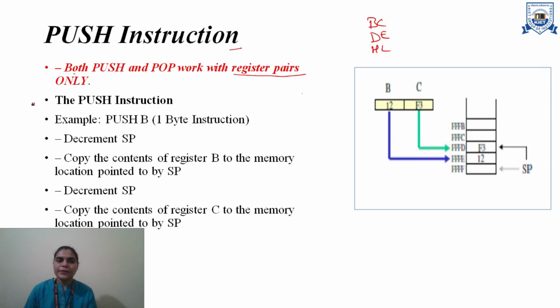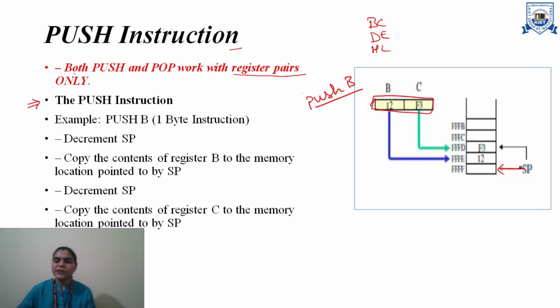Whenever we perform a push operation, suppose we want to put the data from registers B and C into the stack. So we will write PUSH B. This instruction will push the data from the register B and C pair into the stack. Here, suppose SP is pointing to this location.